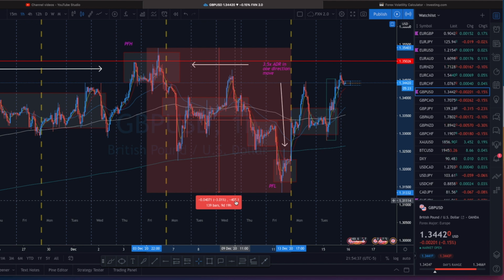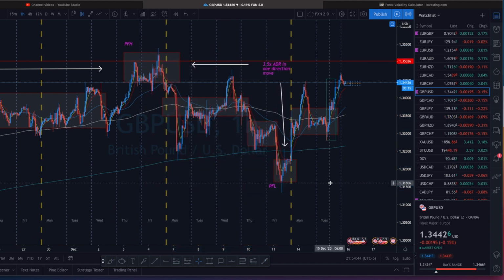So we're over 3 times the average daily range on this pair. So, all right, cool. So we've made it to where we're 3 times or higher on the average daily range in one direction. How can we make that kind of work to where we understand what's going on?